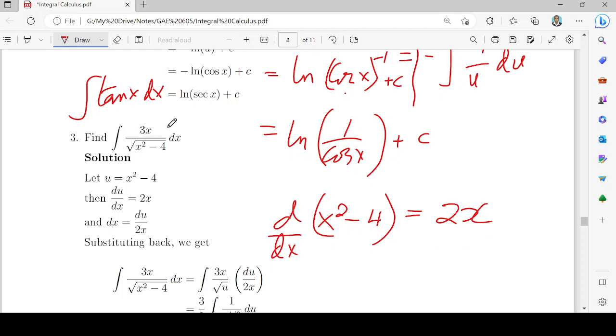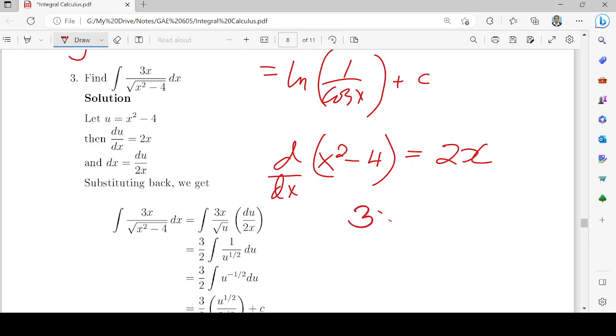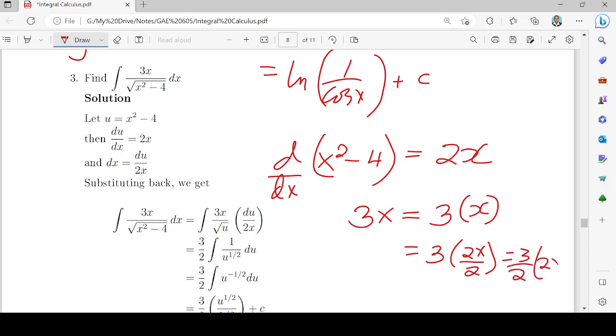Although we have 3x, we can factor out 3 and write 3 times x, which we can write as 3 times 2x divided by 2, which is 3 over 2 times 2x.